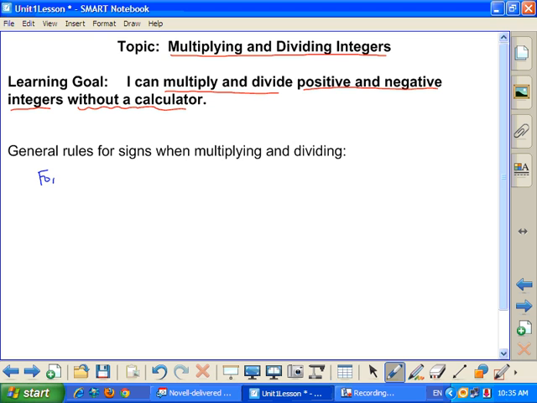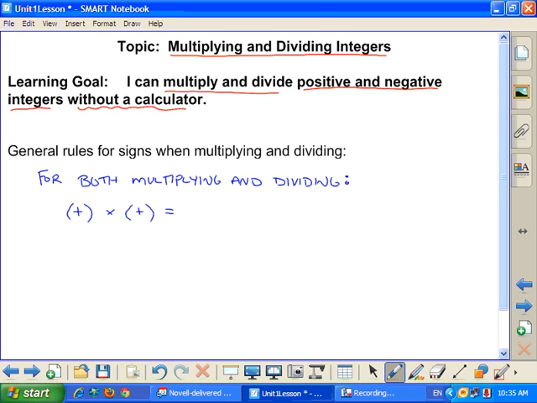For both multiplying and dividing, if you take two positives and multiply them together, what do you get? And I don't see any hands up. It's a trick question. I can't see you anyway.